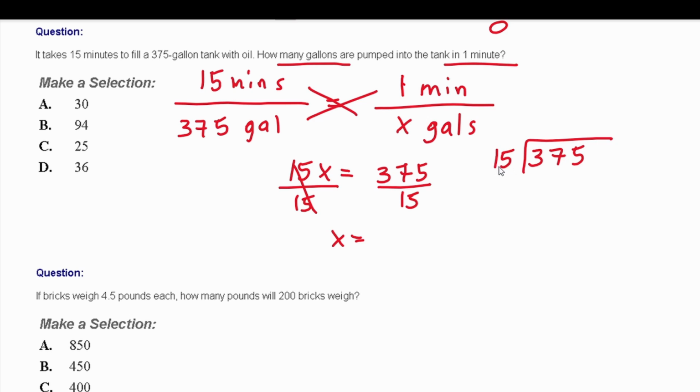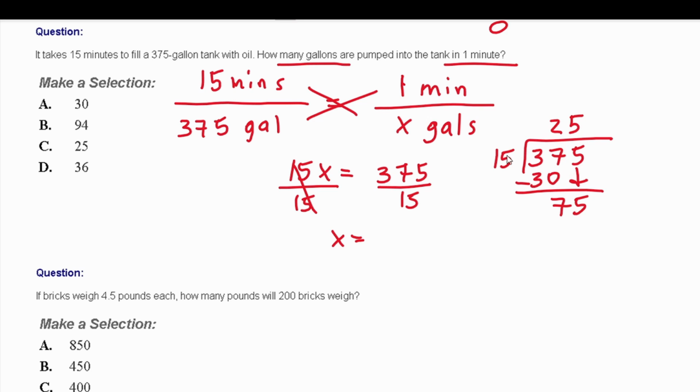Now we're asking ourselves, how many times does 15 go into 3? It doesn't. How many times does 15 go into 37 without going over? It's going to be 2 times, given that 15 times 2 is 30. 37 minus 30 is 7. Drop down this 5. And we should realize that 15 goes into 75 evenly. Again, if you have to, count it out. 15, 30, 45, 60, 75.